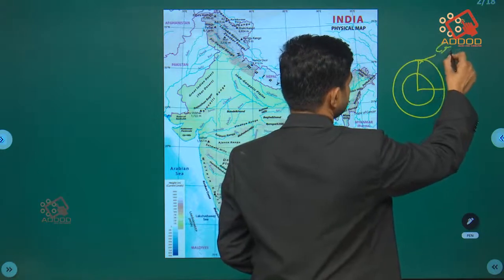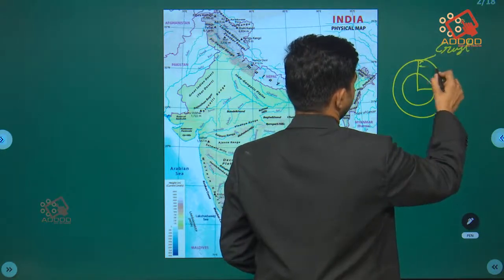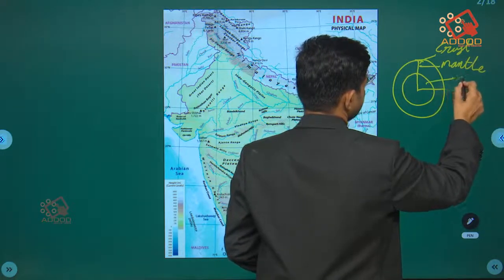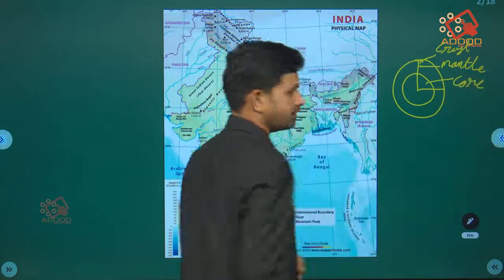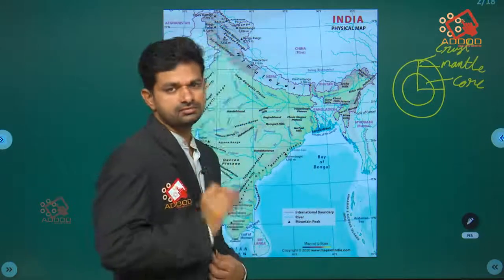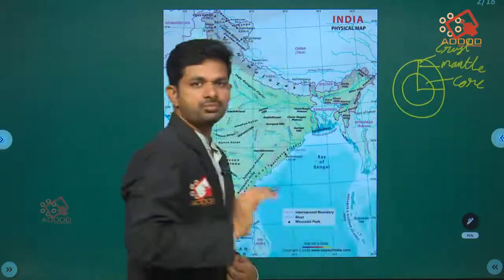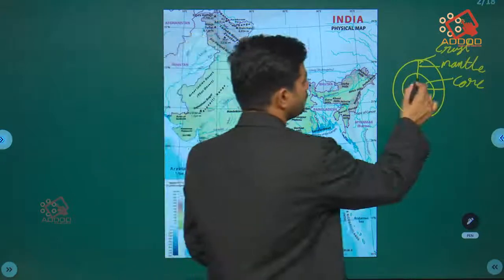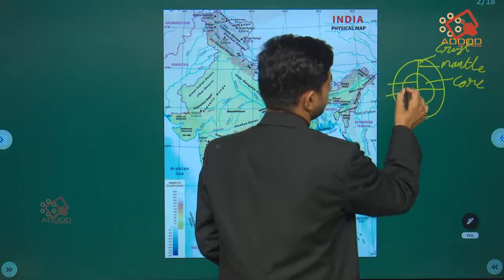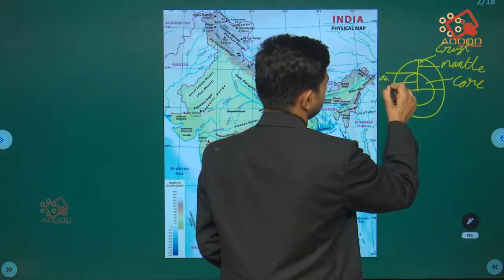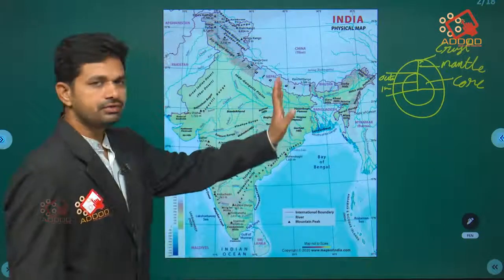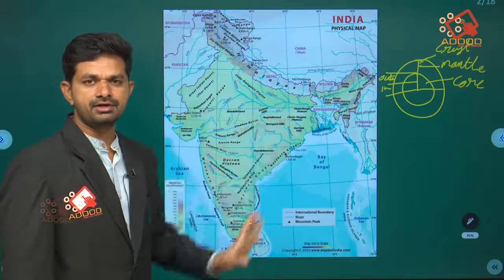This is known as crust, mantle, and then this is core. Now, mantle is semi-solid. It is like a jelly. This crust is completely solid, and the core is divided into outer core and inner core. This is outer core. This is solid. Inner core is a liquid. This is how the entire earth is divided.